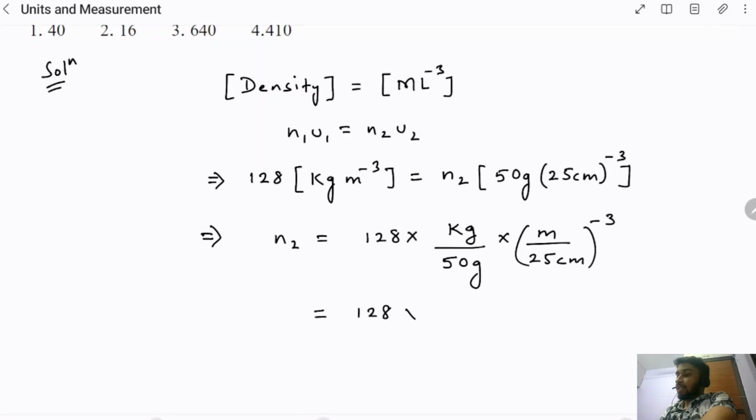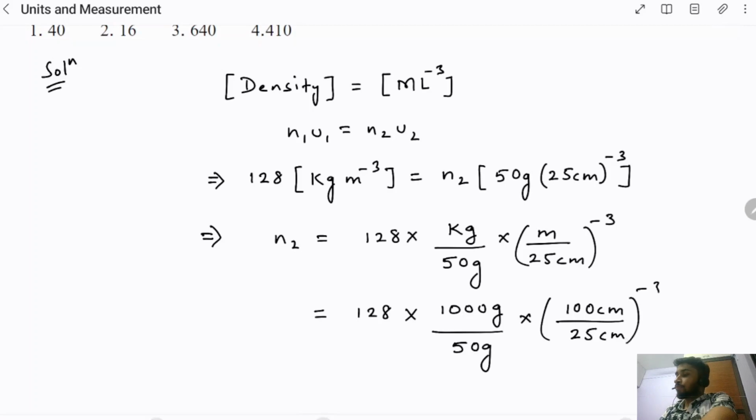So kg can be written in terms of gram. 1 kg will be 1000 gram divided by 50 gram here we have, and 1 meter will be 100 centimeter divided by 25 centimeter whole to the power minus 3. Okay. So here gram gets cancelled, 1 0 can be cancelled, 5 this will become 20. Here centimeter gets cancelled, 25 4 times will be 100.